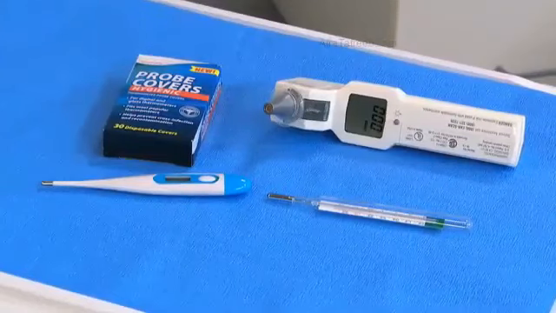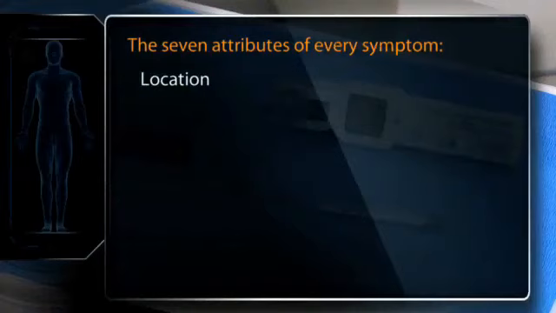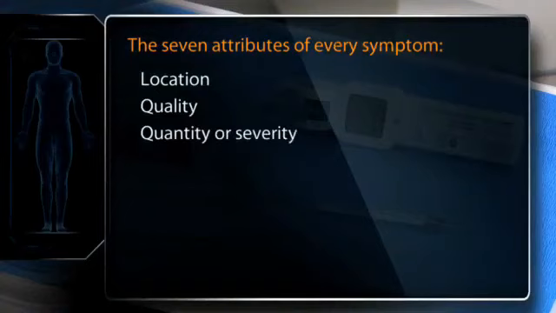Recall the 7 important attributes of every symptom. These include location, that is, where is it and whether it radiates. Quality: can the patient describe what it is like? Quantity or severity: if there is pain, can the patient rate it on a scale of 1 to 10? Timing: when does it start, how long does it last, and how often does it occur?